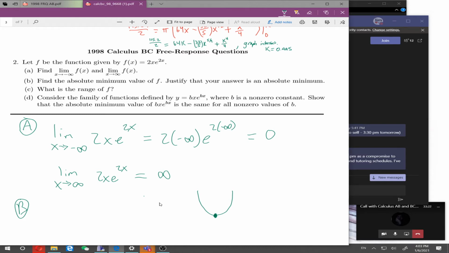A relative minimum would look something like this, sort of like a U shape, and we would be at the bottom of that U. So what should the slope be?